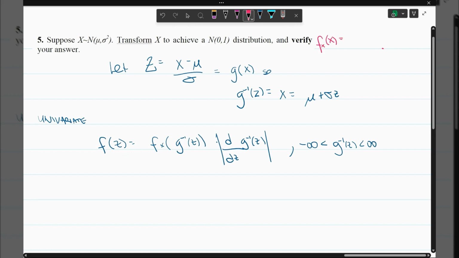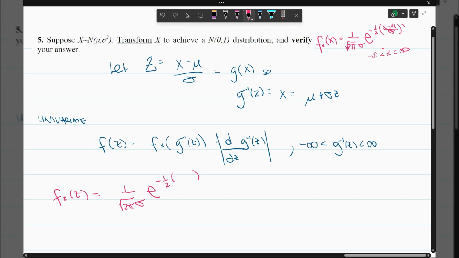Okay, so our f of x is going to be 1 over radical 2 pi sigma e to the minus 1 over 2 x minus mu over sigma quantity squared, negative infinity less than x less than infinity. Accordingly, our fz of z is going to be 1 over radical 2 pi sigma e to the minus 1/2.